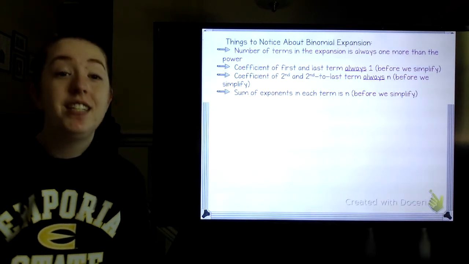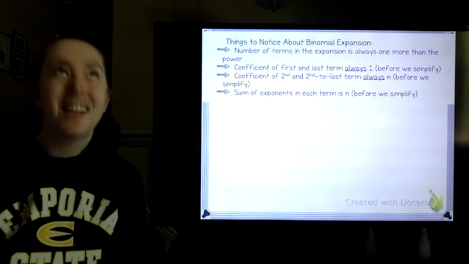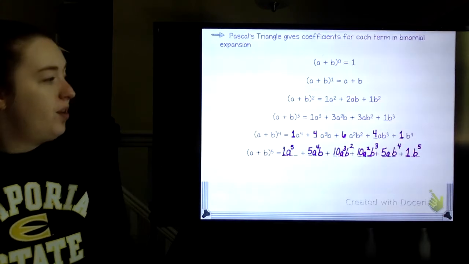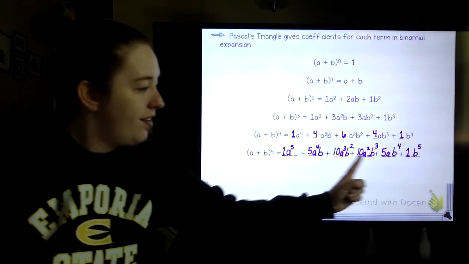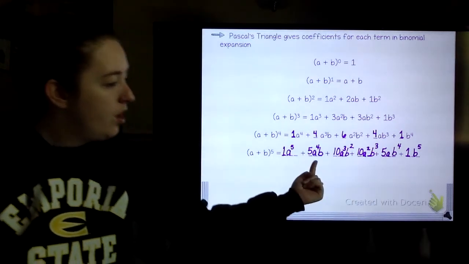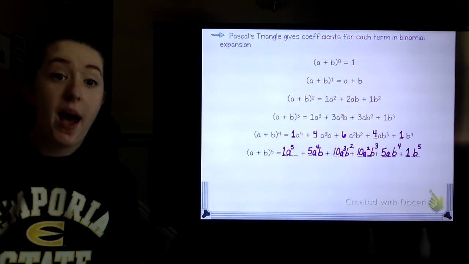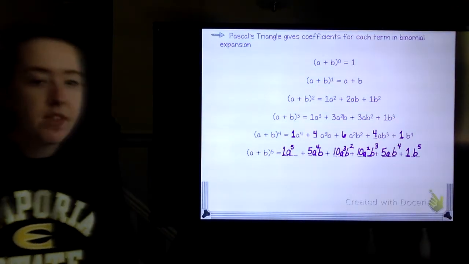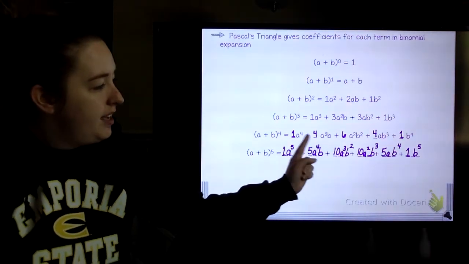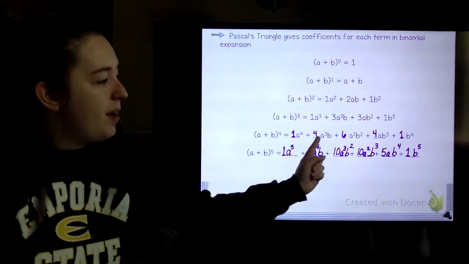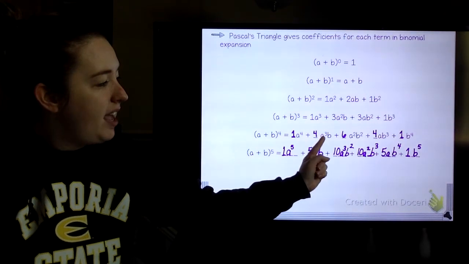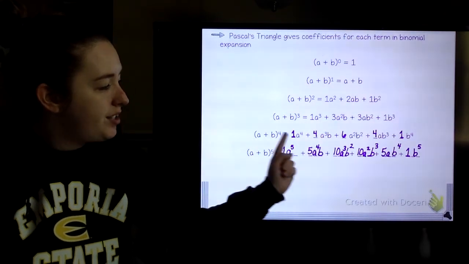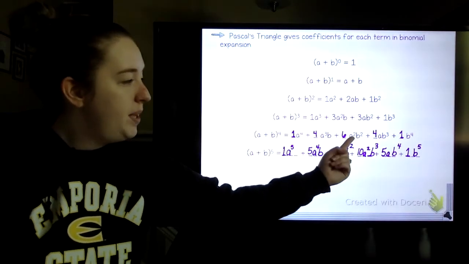Also, the coefficient of the second term and the second to last term, so these 2 terms right after those 1s, are always going to match your power before you simplify. Another thing to notice is the sum of the powers on these 2, like a cubed b to the first, the sum is 4.